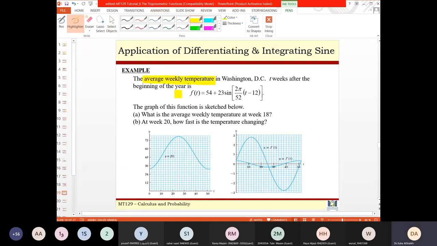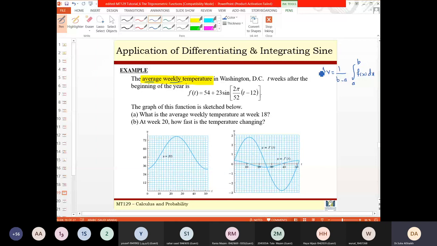Maximum or minimum would mean I'm talking about the derivative. Whenever I'm talking about the average value of a function, remember what the average value meant from last time? It's actually 1 over b minus a, the integration from a to b of the function f(x) dx. This is the definition of the average value.